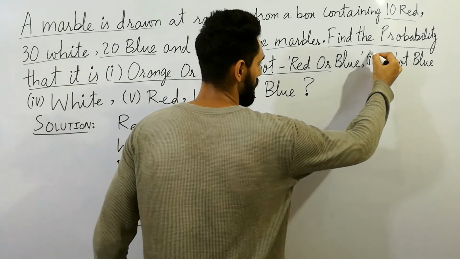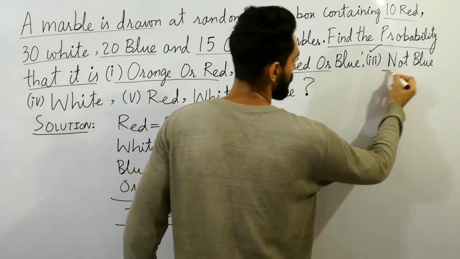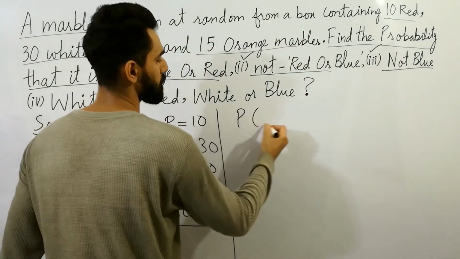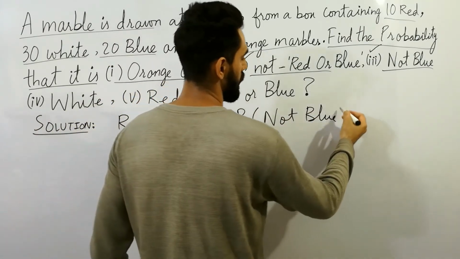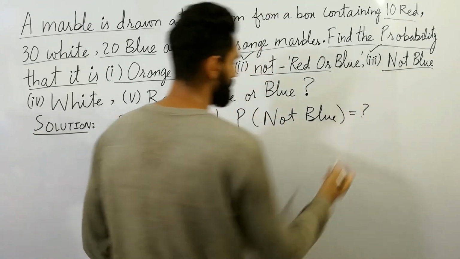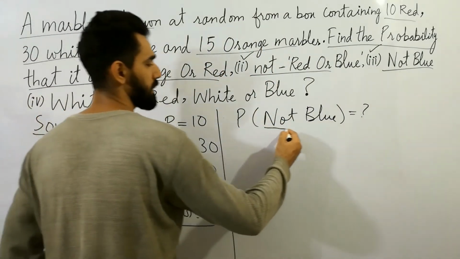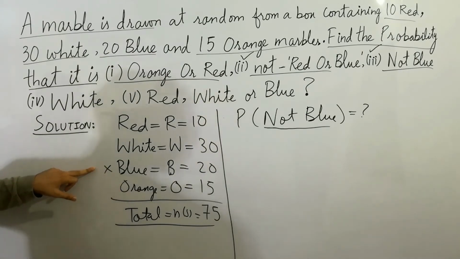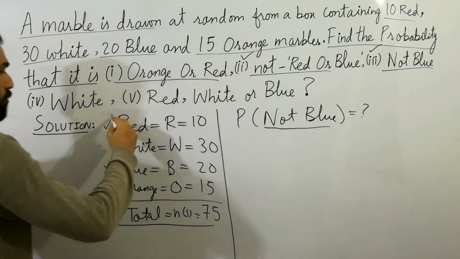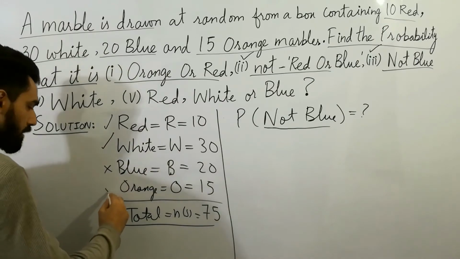Now I'm going to calculate the probability of not blue. What does not blue mean? It shows that blue is not involved, so red, white and orange will be involved.